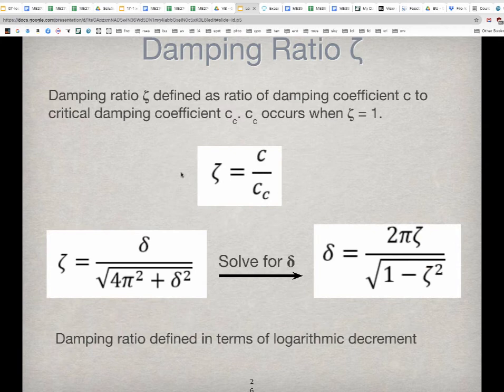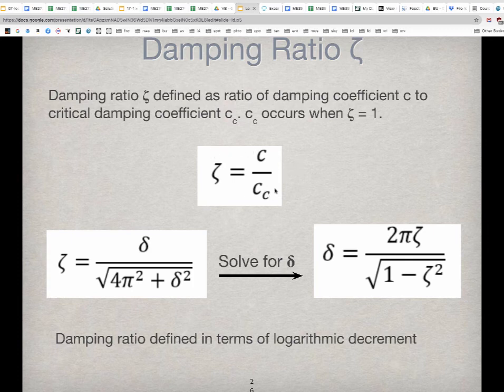And then we have something called the damping ratio. It's defined as the ratio of the damping coefficient C to the critical damping coefficient C sub C. Now C sub C occurs when the damping ratio psi is equal to 1.